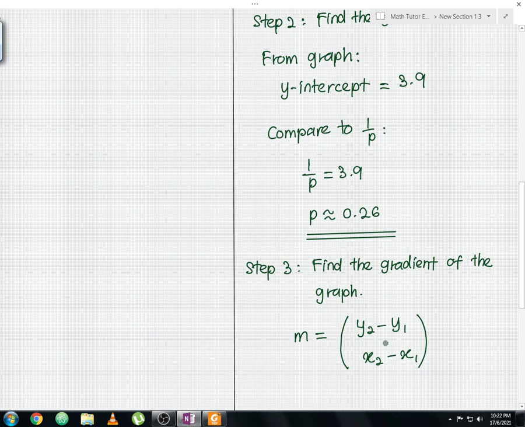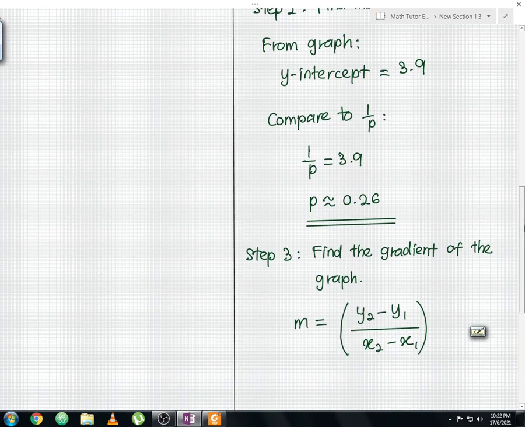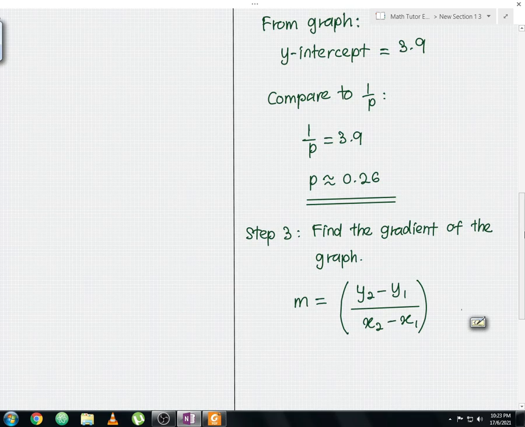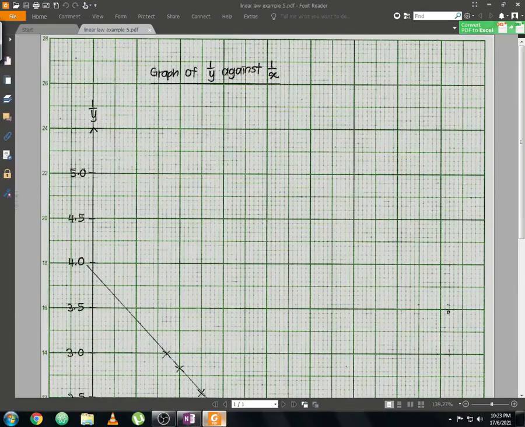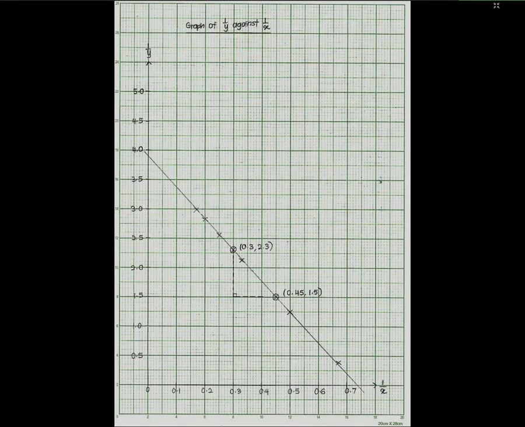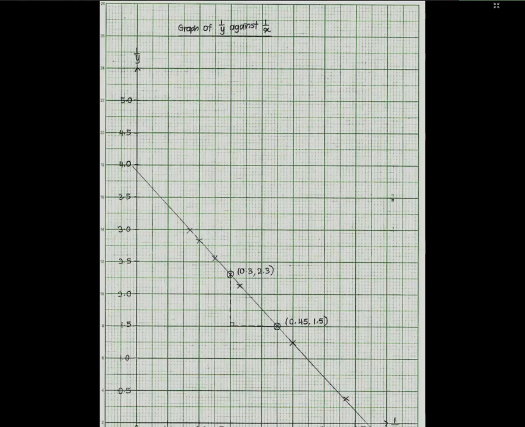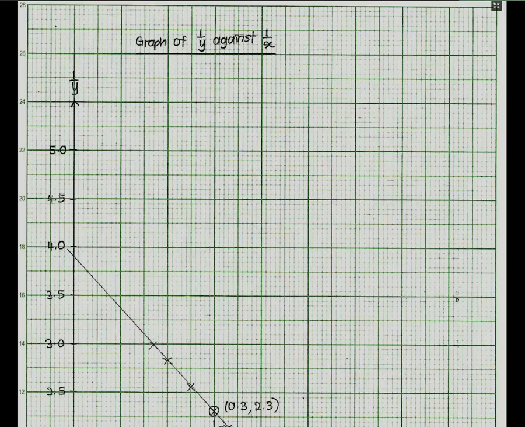Let me underline the fraction over here. So this is the formula that we're going to use. Now let us open the graph paper.